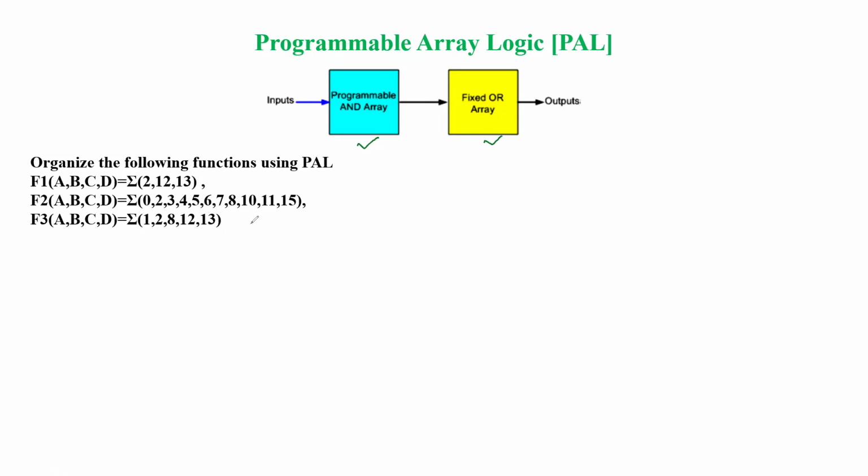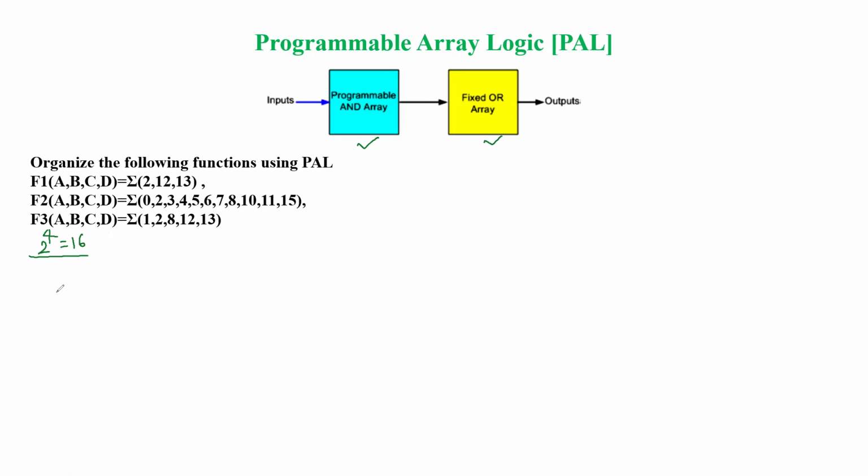In this, first we have to go for the K-map. Since there are 4 variables, a 4-variable K-map means how many boxes are required? 2 to the power 4 is 16. So a total of 16 boxes are required.